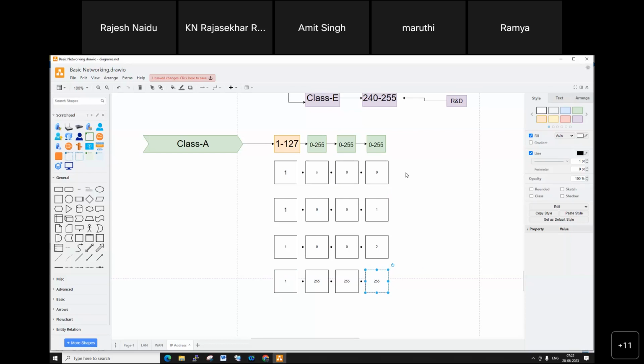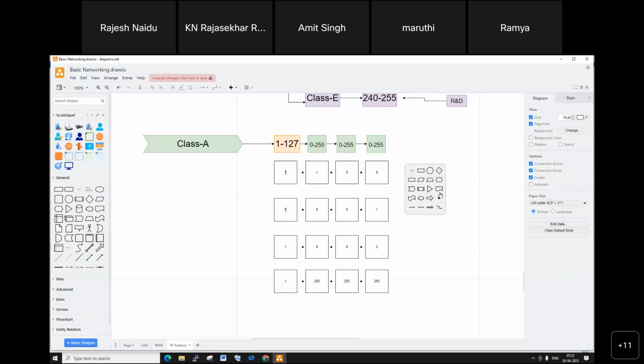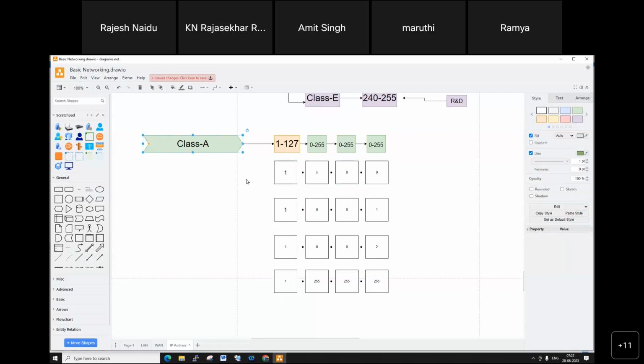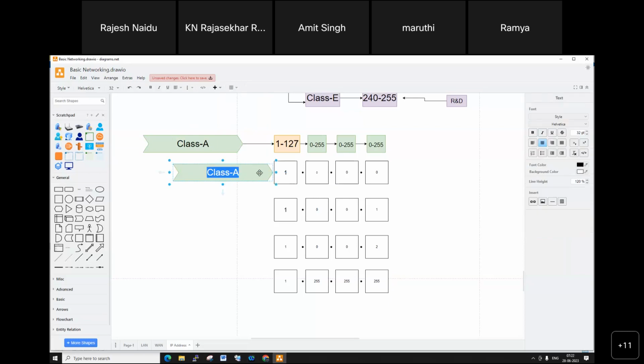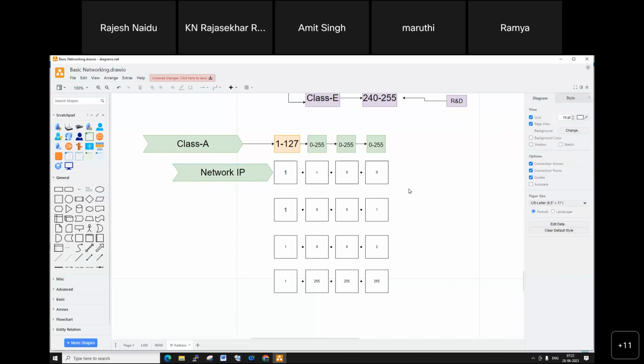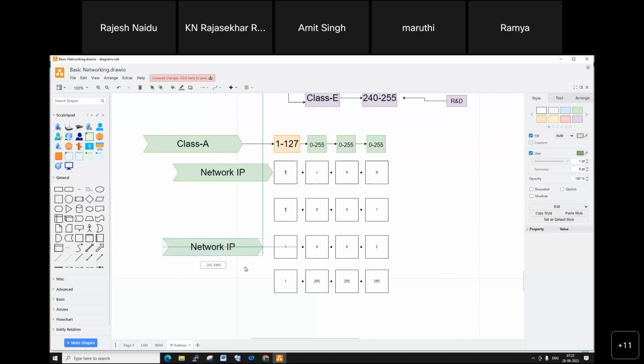The starting address we call as network IP. The ending IP address we call as, anybody can tell me?